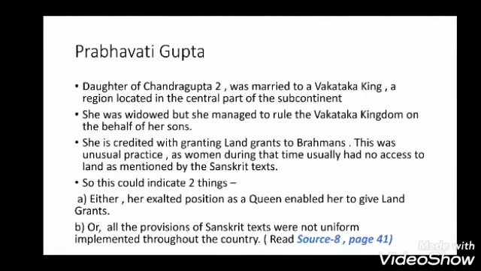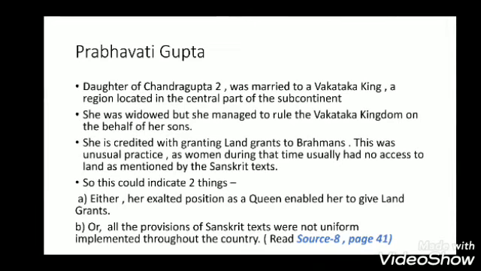So it can be only one of two things: either Prabhavati Gupta was able to give land because she had access to land as she was the queen and hence no longer an ordinary woman, or whatever is mentioned in the Sanskrit texts was not uniformly implemented throughout the country.